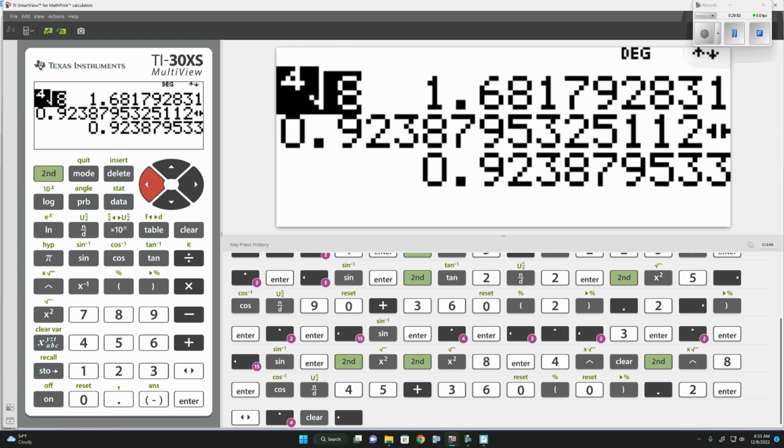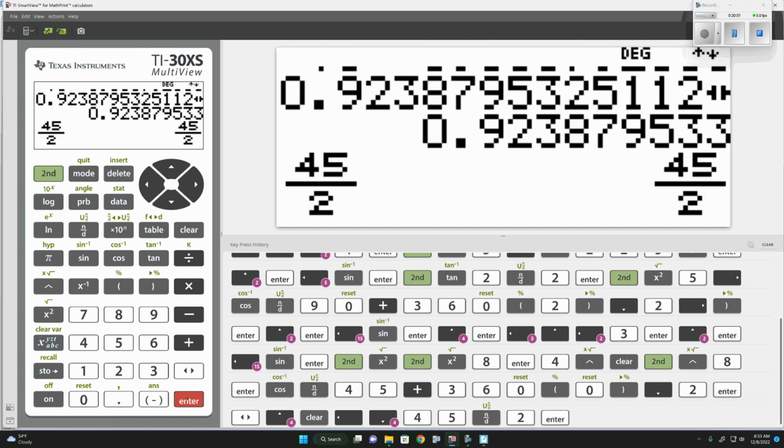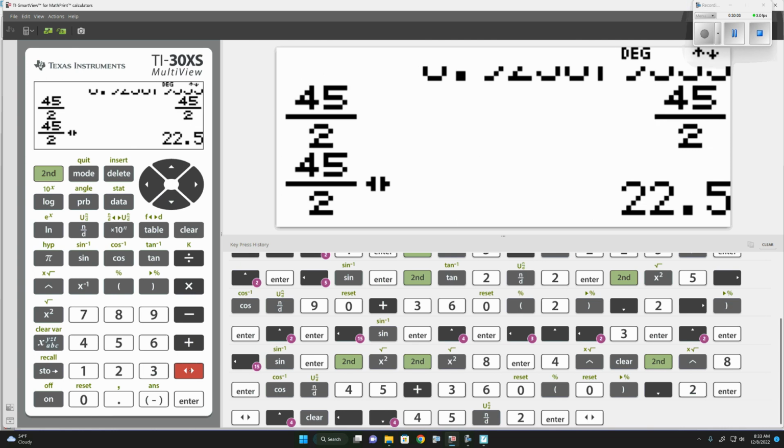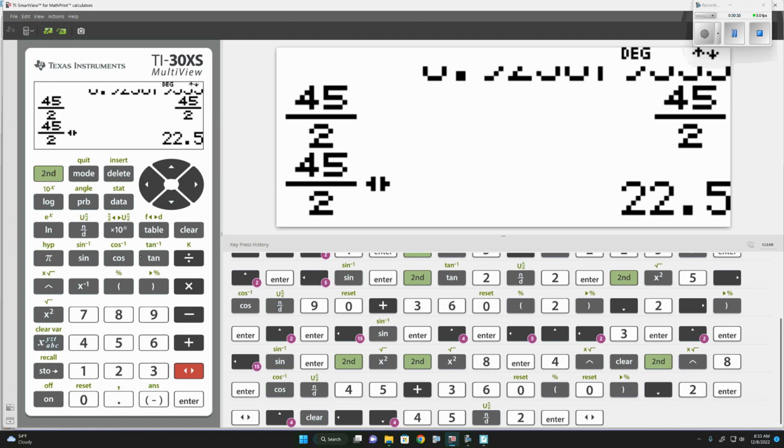So on the calculator, well, it'd just be 45 over 2, 22.5 approximately is what this is. So on the test, this is where I would say we're going to stop this here, because cosine and sine of 22.5 are not nice numbers. If we're going to approximate this, we're going to go on and do this here.